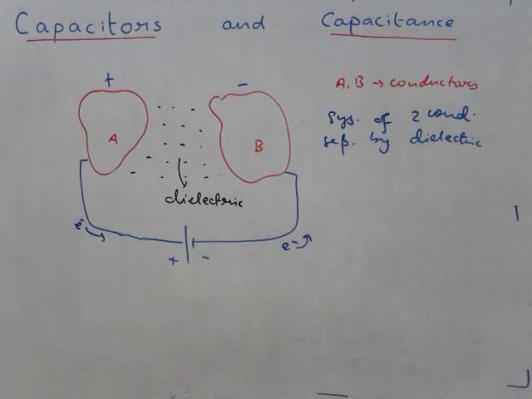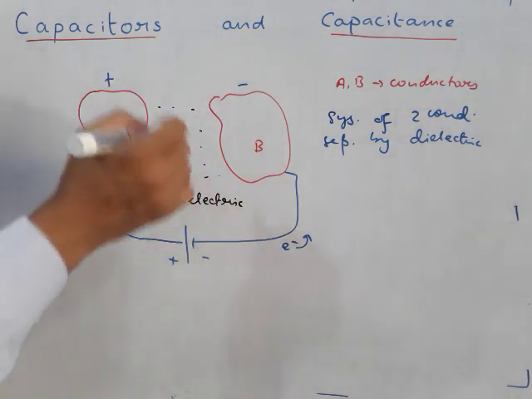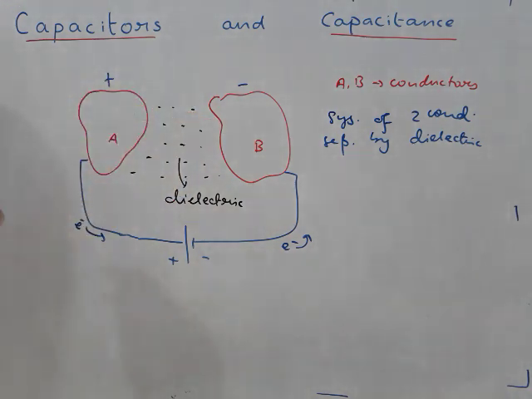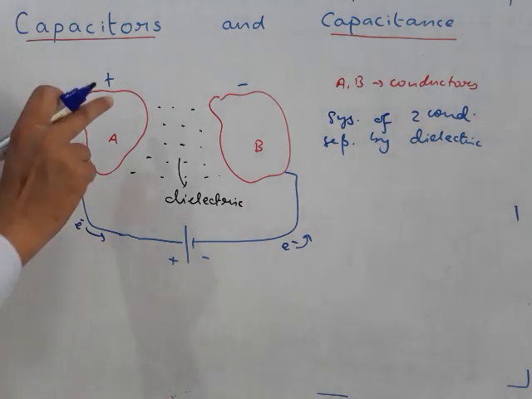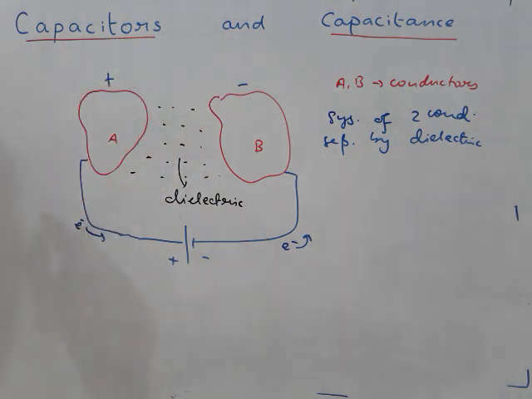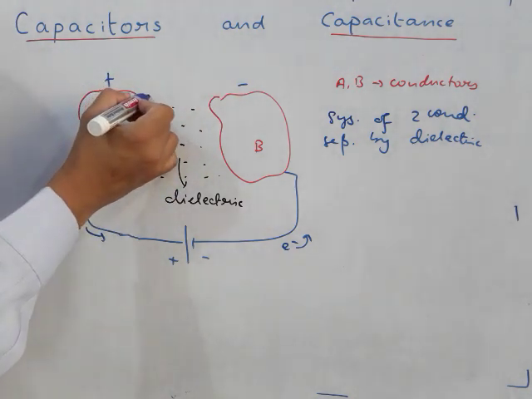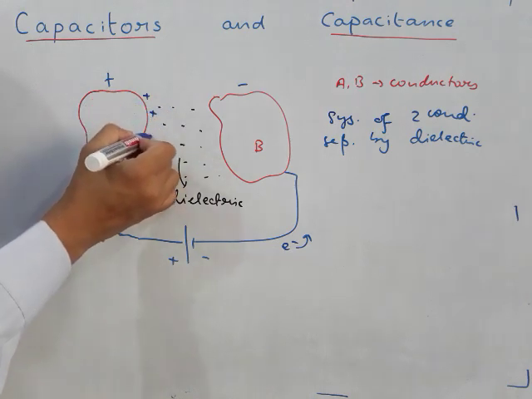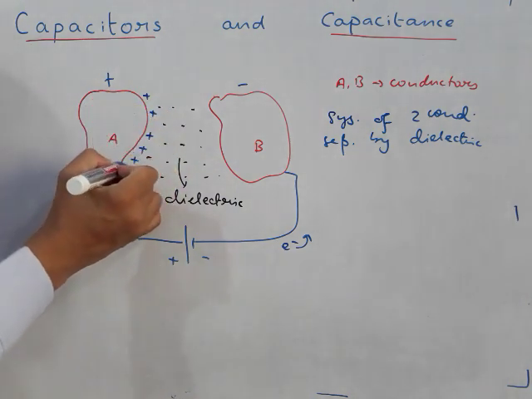Within a fraction of seconds, this process stops. Why does it stop? Because when electrons accumulate here, as I told, it acquires negative charge. Conductor A loses free electrons, it acquires positive charge. These positive and negative charges attract each other. So the positive and negative charges tend to come close to each other like so.